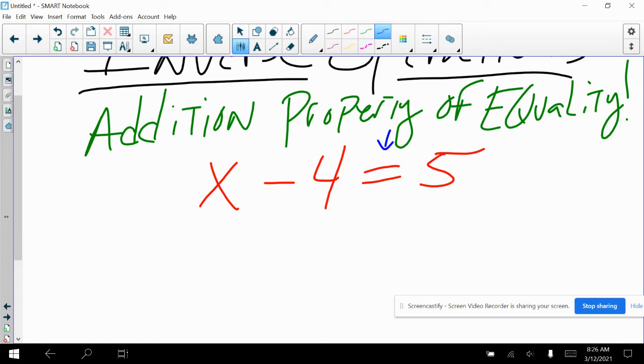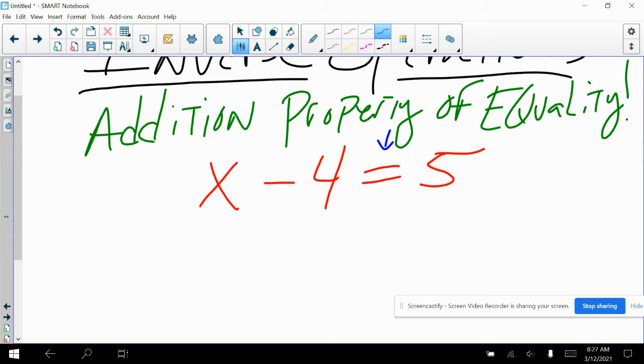You are always trying to isolate the variable by itself on one side of the equal sign. Did you hear that? You are always trying to isolate, get by itself, the variable on one side of the equal sign.